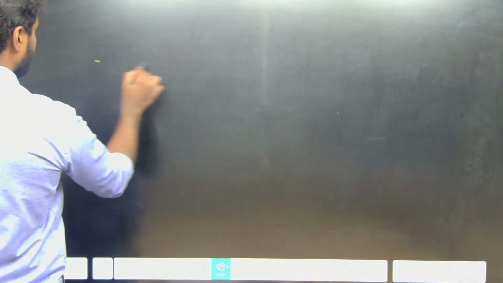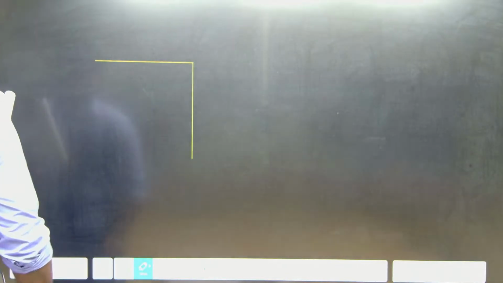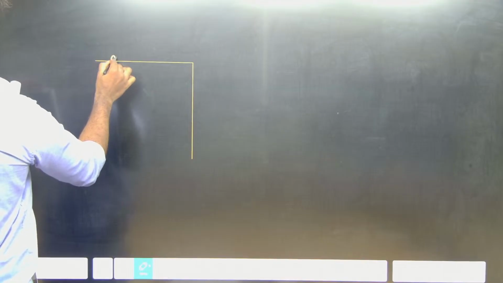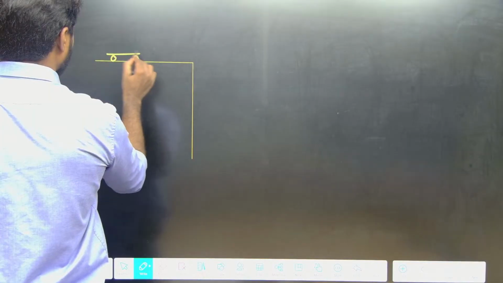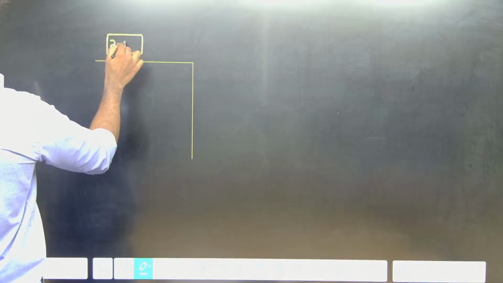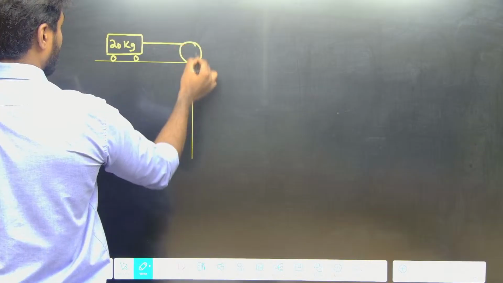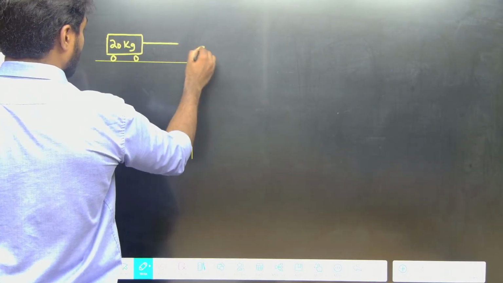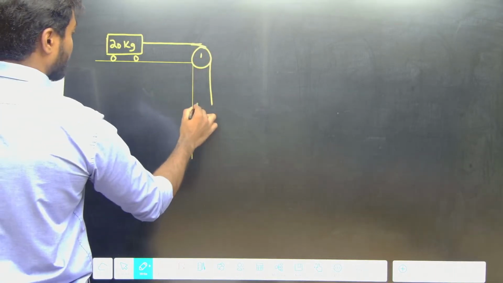Now I will draw the diagram first. There is an object which is 20 kg. It is moving. There is a pulley kind of thing, and here it is 3 kg.